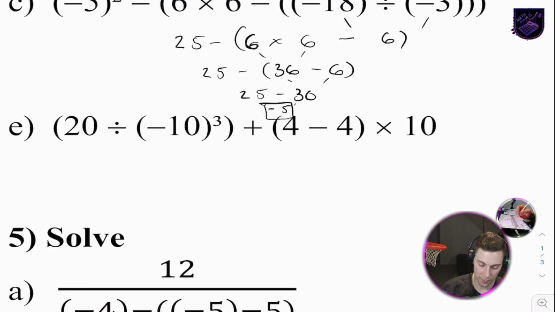So let's go 20 divided by negative 1,000 plus 4 minus 4 plus 0.